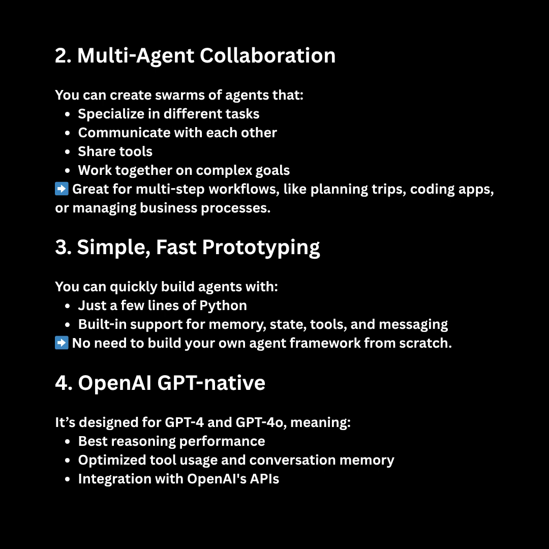You can quickly build agents with just a few lines of Python, with built-in support for memory, state, tools, and messaging. No need to build your own agent framework from scratch. 4. OpenAI GPT native. It's designed for GPT-4 and GPT-4o, meaning best reasoning performance, optimized tool usage and conversation memory, and integration with OpenAI's APIs.